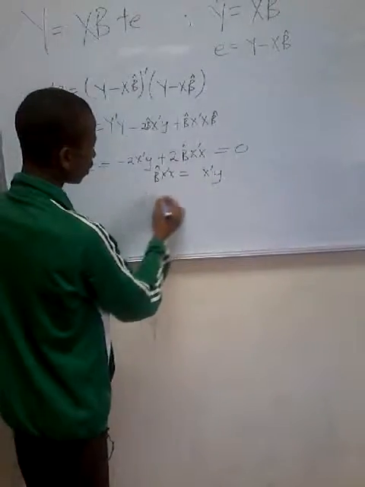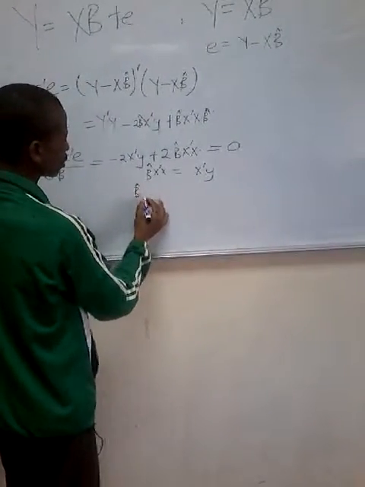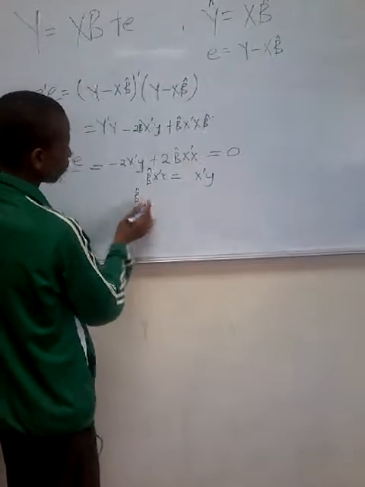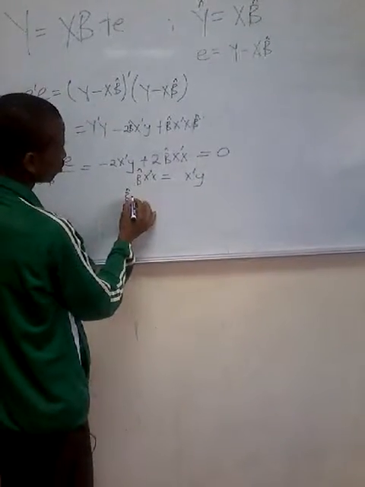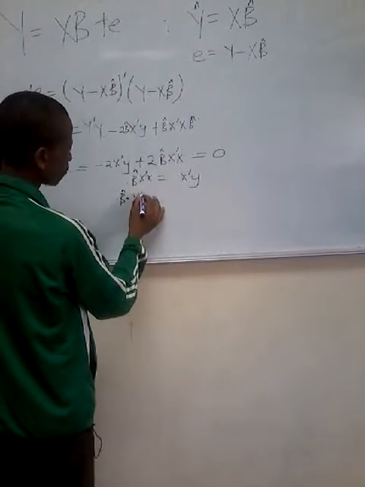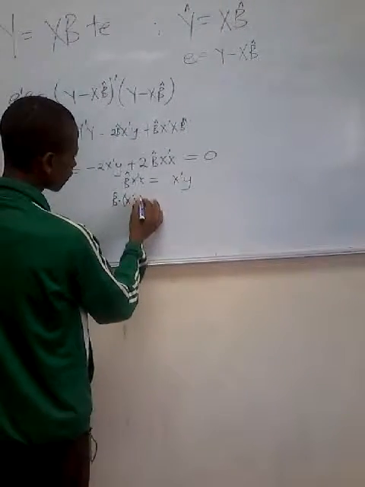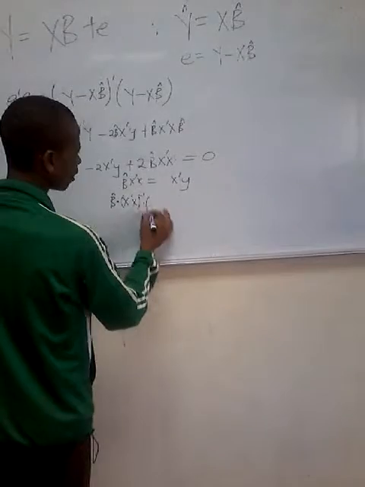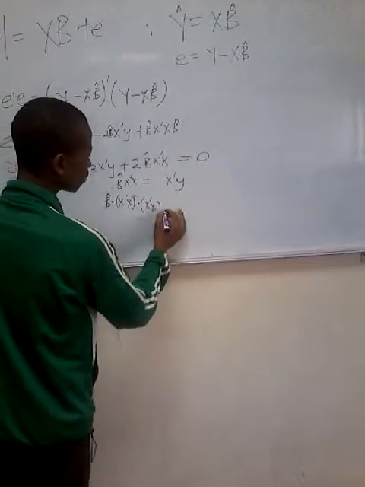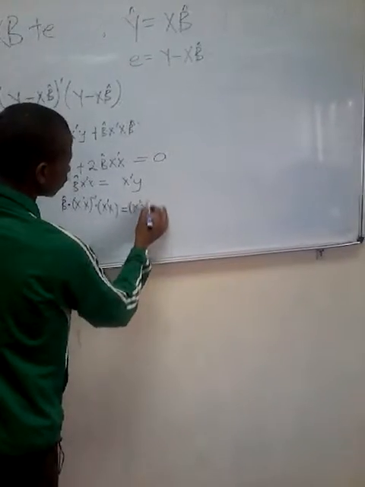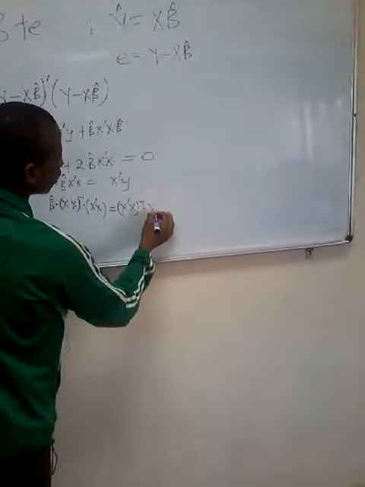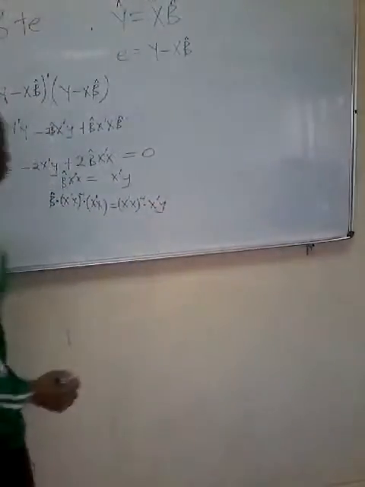So we are saying our beta hat, which is a column of parameters, multiplied by X prime X times X prime X inverse, we get, multiplying both sides by the inverse, multiplied by the transpose of X multiplied by y.